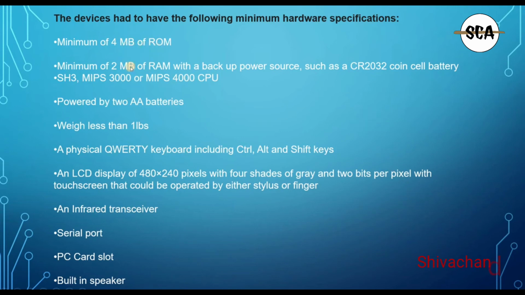Minimum of 4 MB of ROM, minimum of 2 MB of RAM with backup power source such as CR2032 coin cell battery, and SH3, MIPS 3000 or MIPS 4000 CPU powered by 2 AA batteries, and weight is less than 1 pound, and LCD display of 480 by 240 pixels with 4 shades of gray and 2 bits per pixel with touchscreen that could be operated by either stylus or a finger.